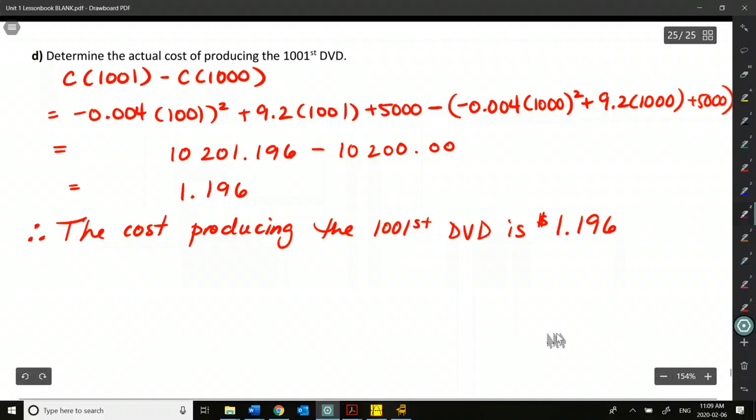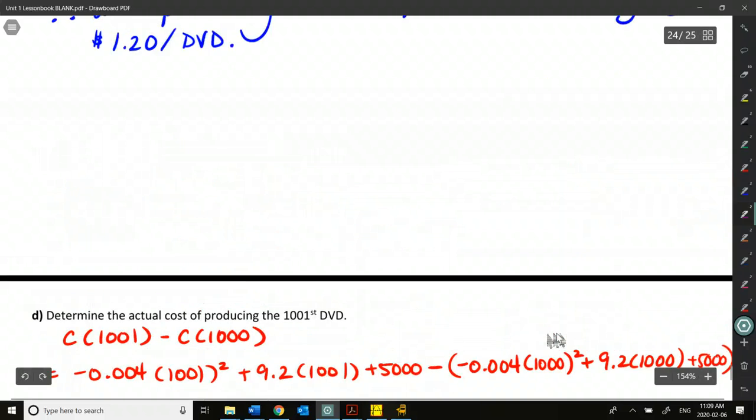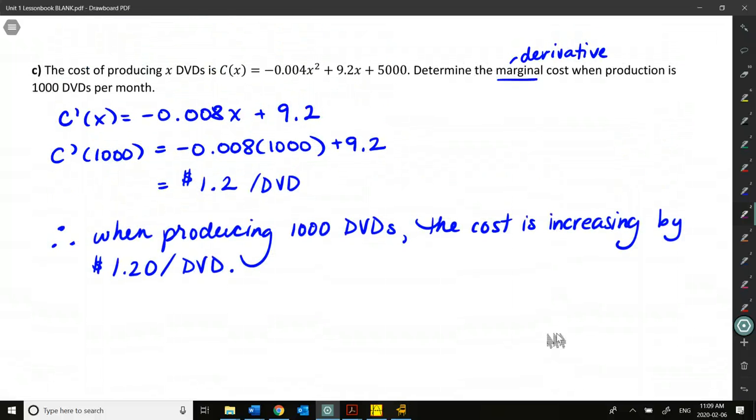Okay, the reason why I also wanted to leave this fraction of a cent here is so that we can make a quick comparison to the marginal cost that we calculated in Part C and the cost of producing the 1,001st DVD. So what do you notice about the actual cost of producing the 1,001st DVD versus the marginal cost at 1,000?